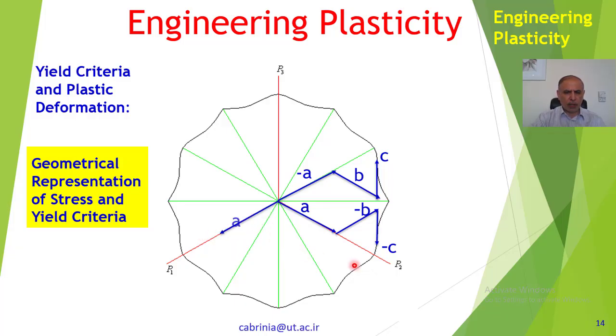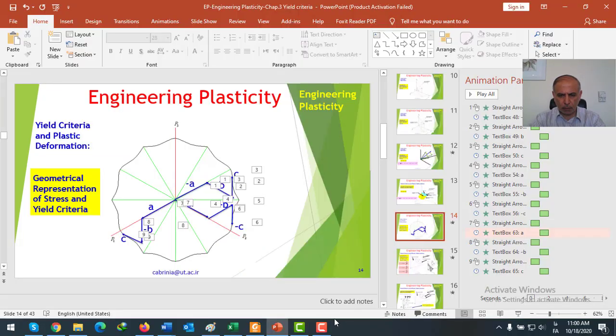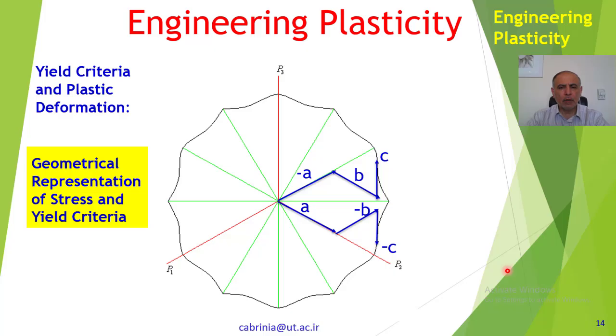Similarly, we can also change the directions and the signs in other ways like this. For instance, you see that A again is applied in the direction of P1, but here it was minus direction, here it is positive direction.